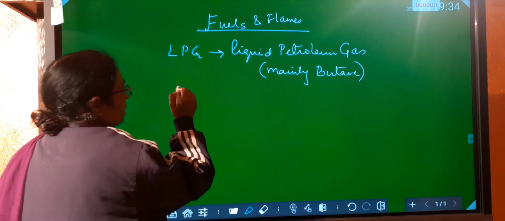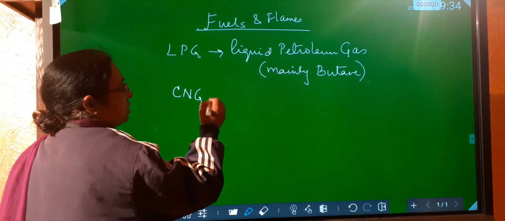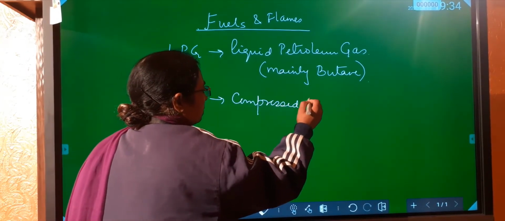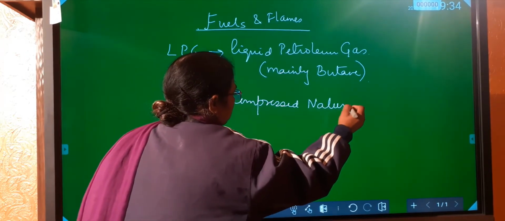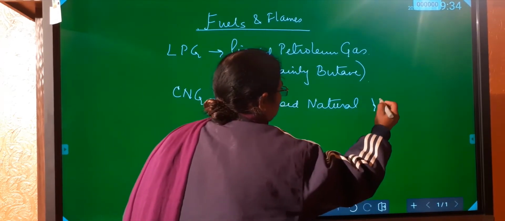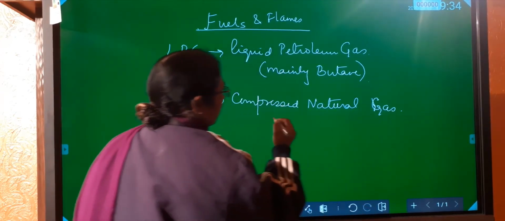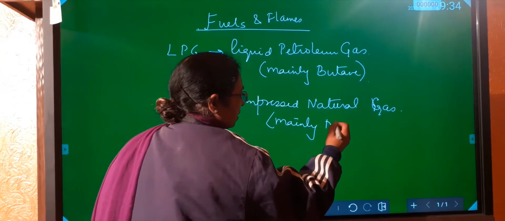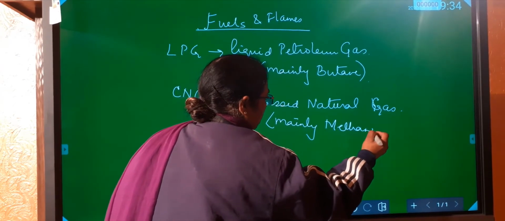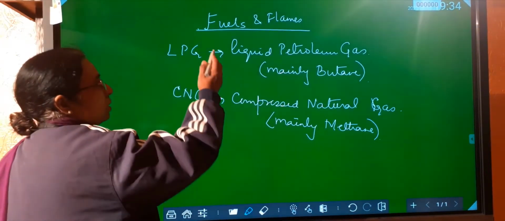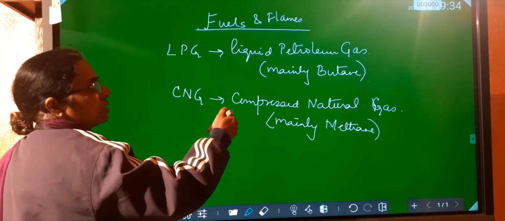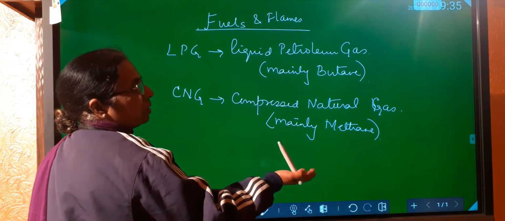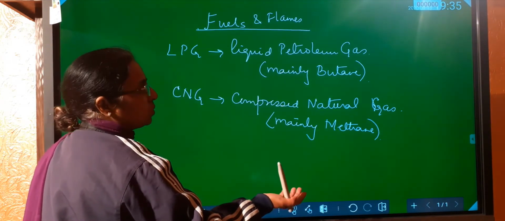Then you have CNG. CNG stands for compressed natural gas, and this contains mainly methane. So why are we using these as fuels? Because they burn, and when they burn a lot of heat is produced.